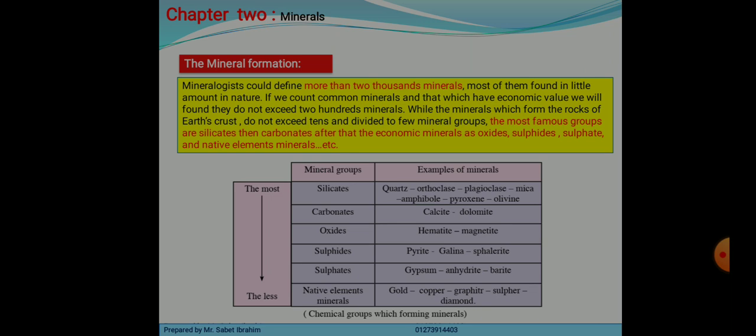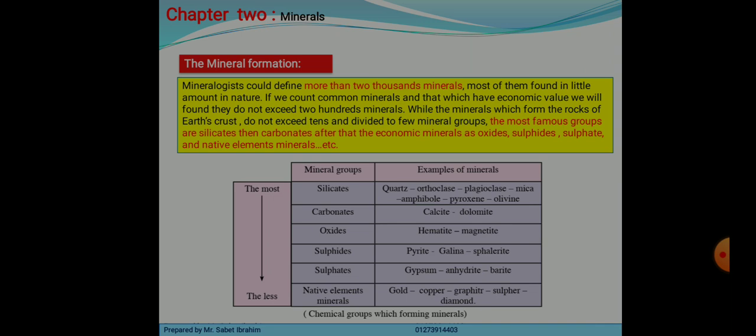Number one, silicates, like quartz, orthoclase, plagioclase, mica, amphibole, pyroxene, olivine. The second group is carbonates, for example, calcite, dolomite. The third group is oxides: hematite, magnetite.